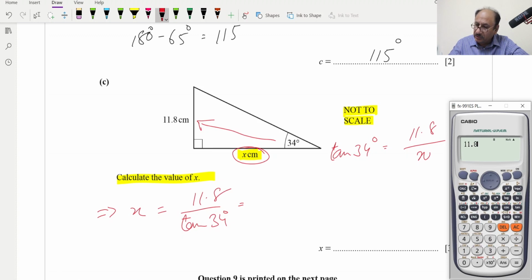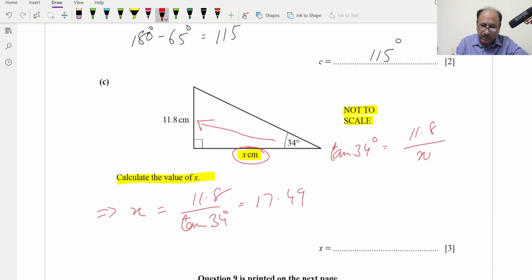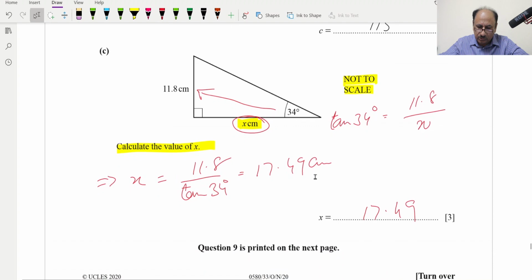So 11.8 divided by tan of 34 degrees is equal to 17.49 centimeters. So we can write the answer as 17.49 centimeters. Hopefully you understood this also.